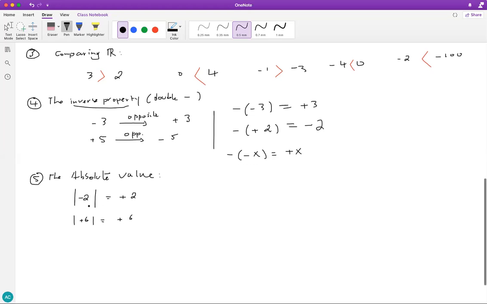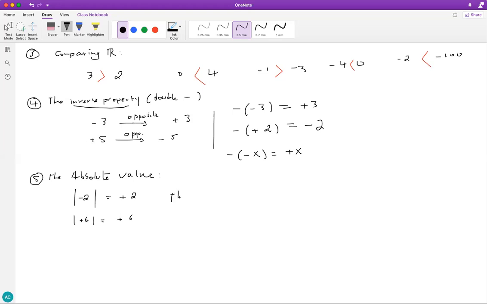That's all the absolute value does. So it does not always flip the sign like the opposite does. The opposite always reverses the sign: -2 turns positive, positive turns negative. But with the absolute value, the outcome is always positive.